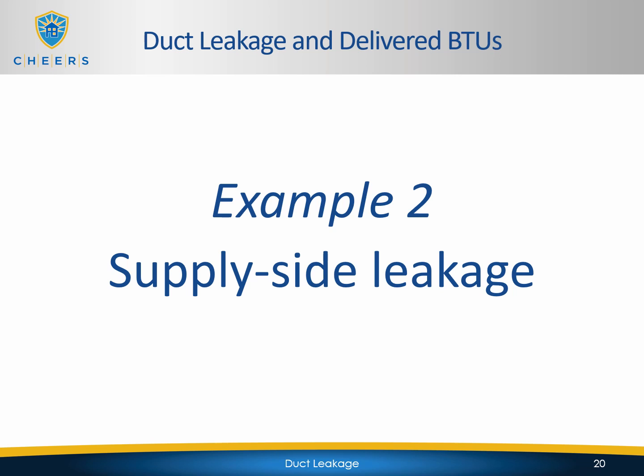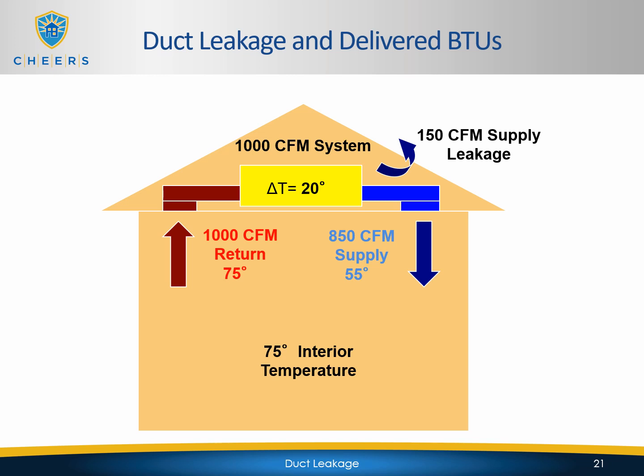Our second example is a supply side leakage example, and let's see how that works out. Same house. We still have 75 degree interior temperature. It's still a 1000 CFM system. There's a delta T of 20 degrees. The only difference here is that on the supply side, instead of 1000 being supplied into the house, you're losing 150 into the attic.